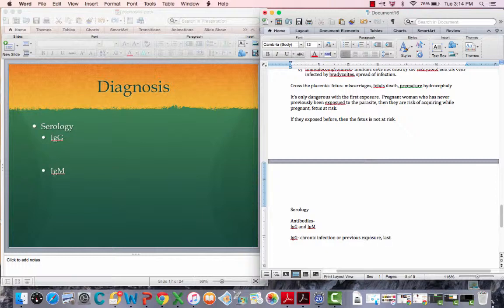It lasts in the body longer after exposure to toxo than does the IgM. An elevation in IgM represents acute, recent exposure.